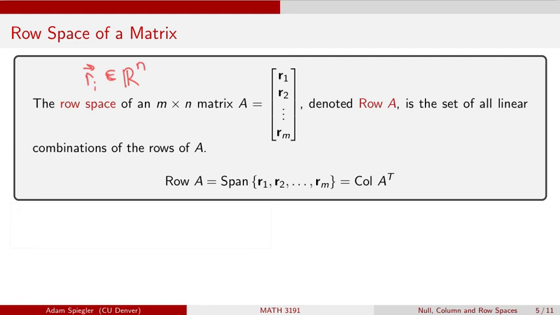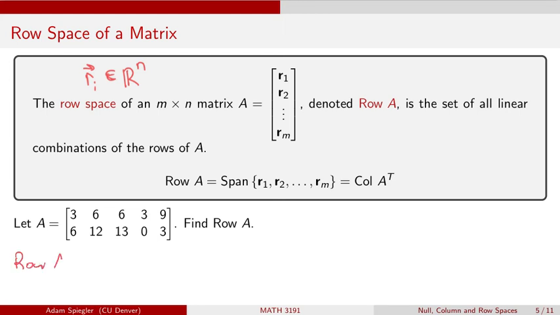So for now, for example, if I have this same matrix A that we've been working with, this 2x5 matrix, then the row space of matrix A would be the span of the row vectors of this matrix. So that would be 3, 6, 6, 3, 9 as one vector, and then we have a second one as 6, 12, 13, 0, 3.